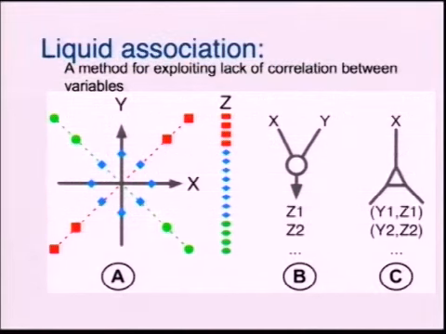Okay, so in general, there are two ways of applying the liquid association. If you have a pair of genes, then you can find high score liquid association genes, and hopefully these will be functionally associated with X and Y in terms of mediating their gene expression.